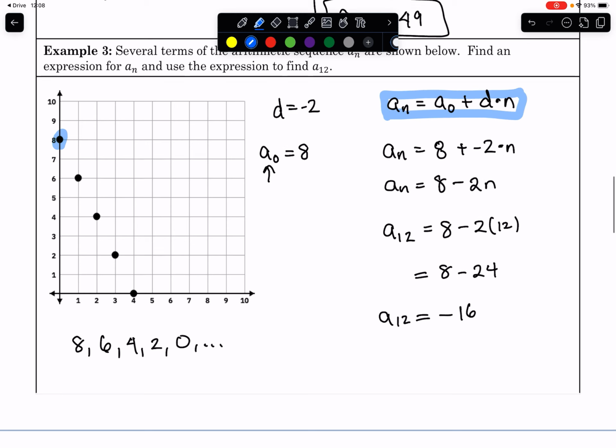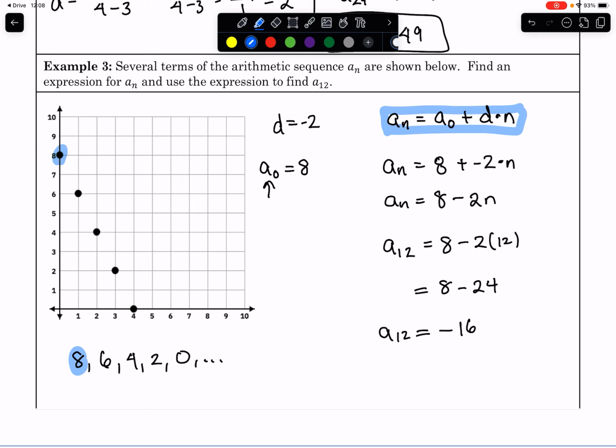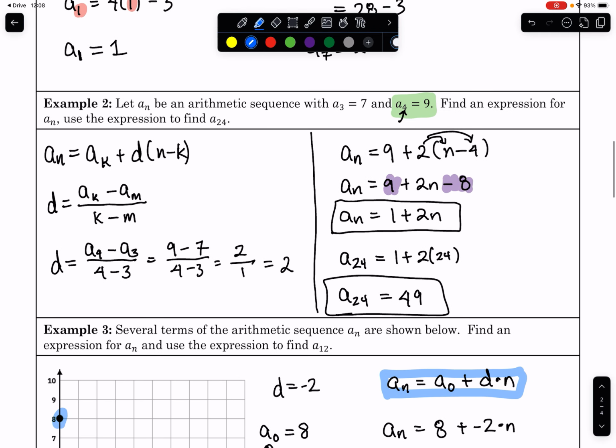But if they do not tell us what the initial part is, what the starting point is, then we would have to use the general form, this one up here, which is the most common thing that occurs. They'll give you 2 points in the sequence, and the way that we figure out the common difference is y2 minus y1 over x2 minus x1, where the numbers are my y2 and y1, and the subscripts on the a values are my x1 and x2.